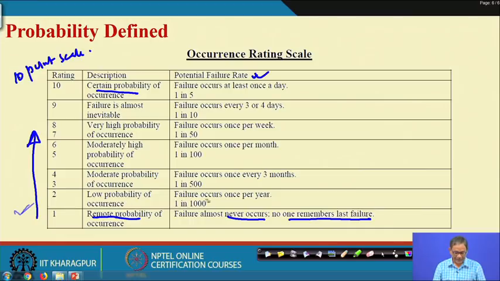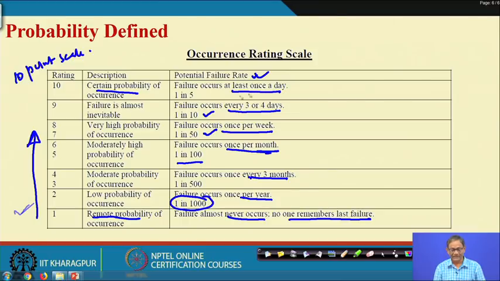Low probability of occurrence, failure occurs once per year or 1 in 1000 operations. Failure occurs once in every 3 months or 1 in 500 trials. Failure occurs once per month or 1 in 100, once per week 1 in 50, every 3 to 4 days 1 in 10, at least once a day 1 in 5.